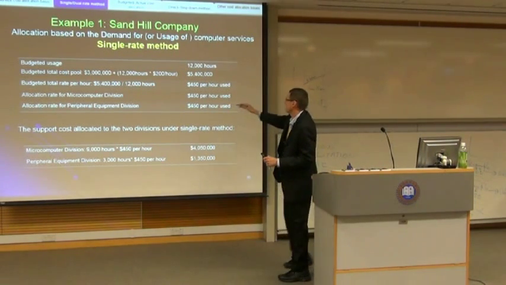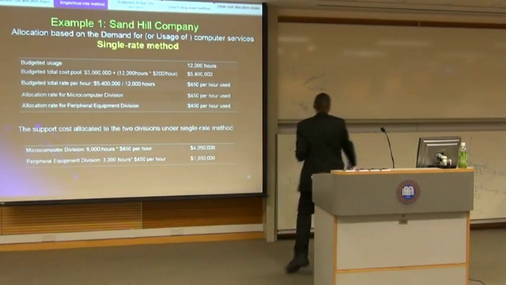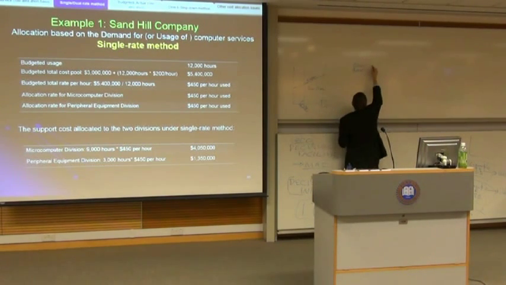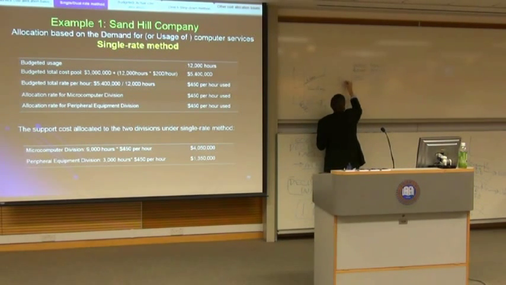See, the peripheral division said they only want 4,000. The other division said 8,000. The other division ended up using 9. The peripheral ended up using 3. When they budgeted at 12,000, we divide 5.4 million by that, and we get 450, right? But if peripheral was honest and said, we're only going to use 3,000, so therefore the budget is 5.4 million divided by 11 equals how much?